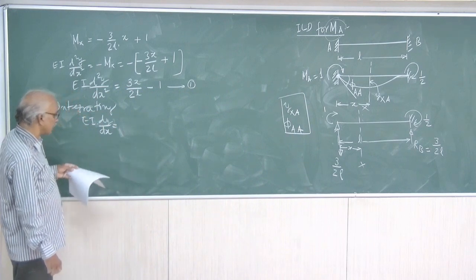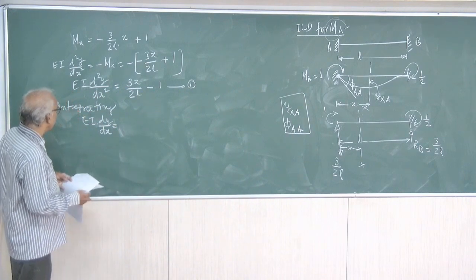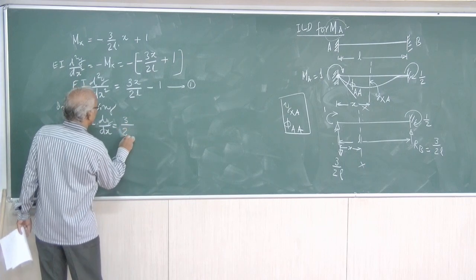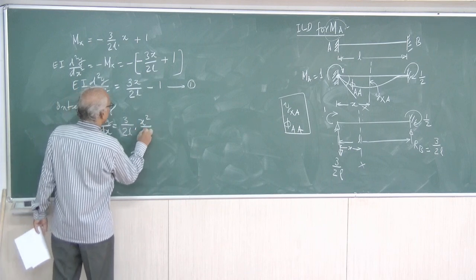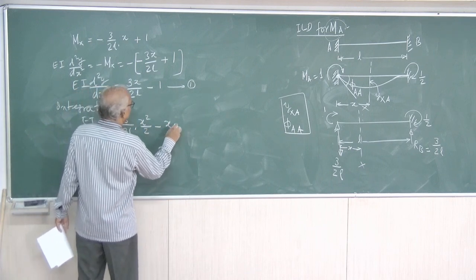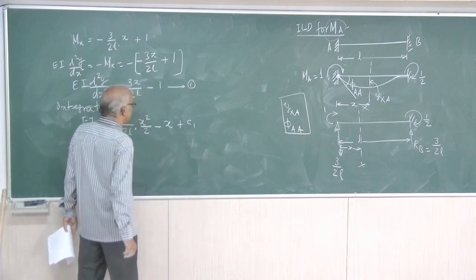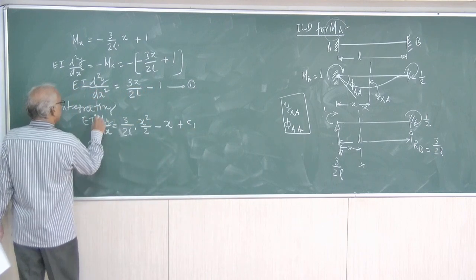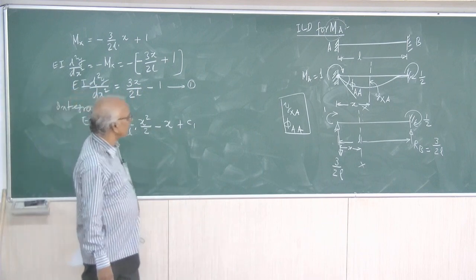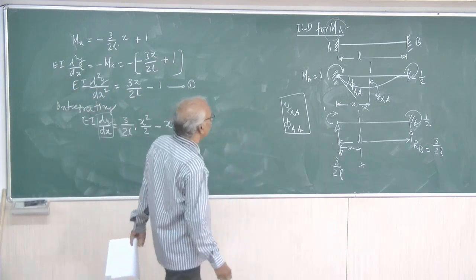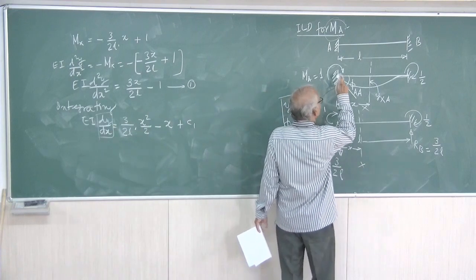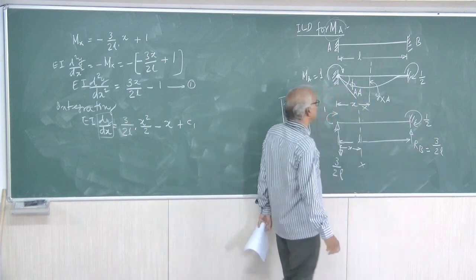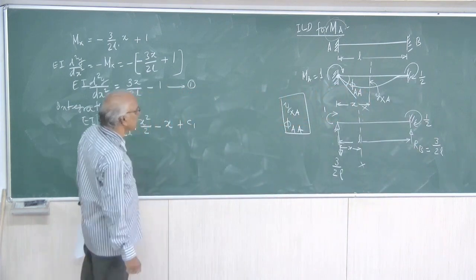Right. So that is EI dy/dx equal to 3 by 2L into x square by 2 minus 1 into x plus C1. C1 is a constant of integration. To find the constant, we want the value of dy/dx. When x equal to L, here you have introduced a hinge, therefore slope is not 0 there, but here the slope is 0 because B remains fixed.